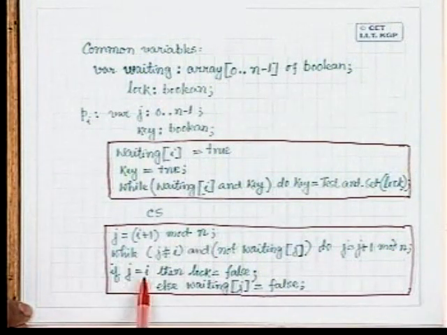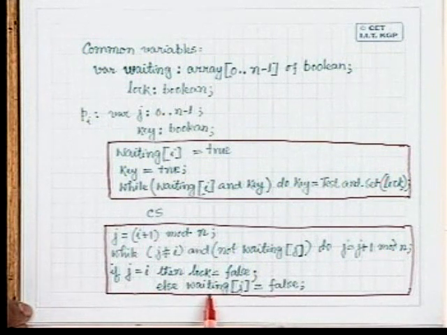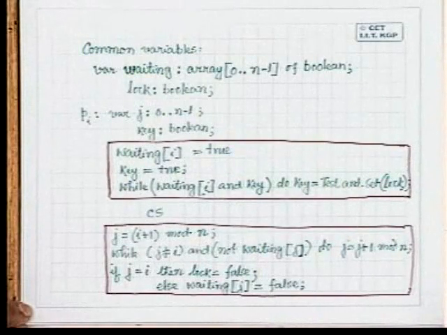If the sixth process wants to enter, then waiting[6] will be made false, which will enable the sixth process to enter the critical section. When the sixth process comes out of the critical section, it will check the next process in sequence, whether that also wants to enter the critical section.